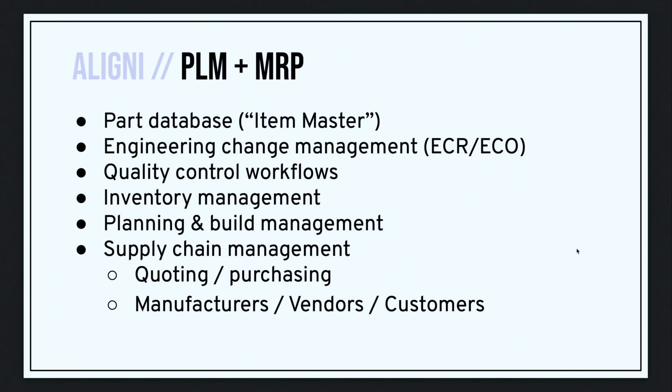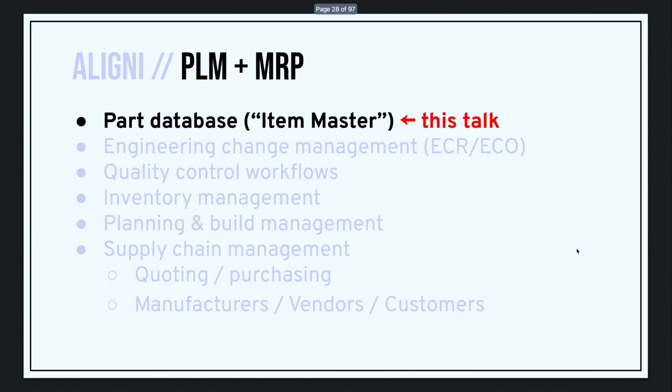It also has engineering change management workflows, quality workflows, and then on the MRP side of things, it has inventory management, planning, build management for managing builds of assemblies. It has supply chain tools, so you can do all of your purchasing and quoting through Aligni. And then it will let you also manage manufacturers and vendors, and it even has some customer management stuff in there as well.